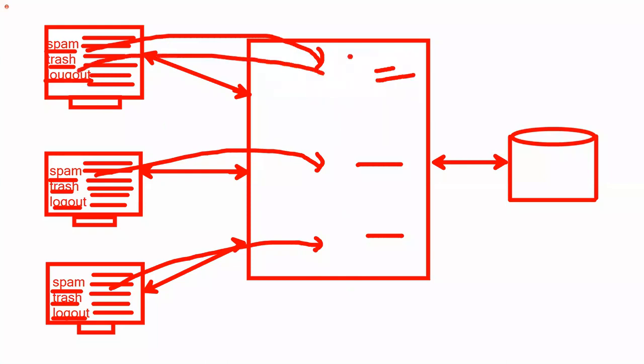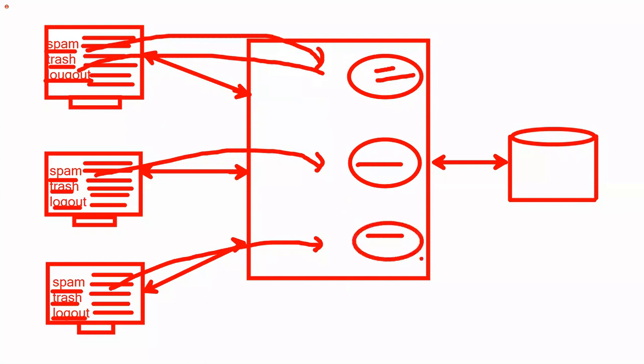But here 3 carts are there. How does the server know this item should be added here only? With the ID only. Whenever you select an item, the ID comes, that ID is matched, and it is added to this cart. So your items go in your cart only, other person's item in the other person's cart only.